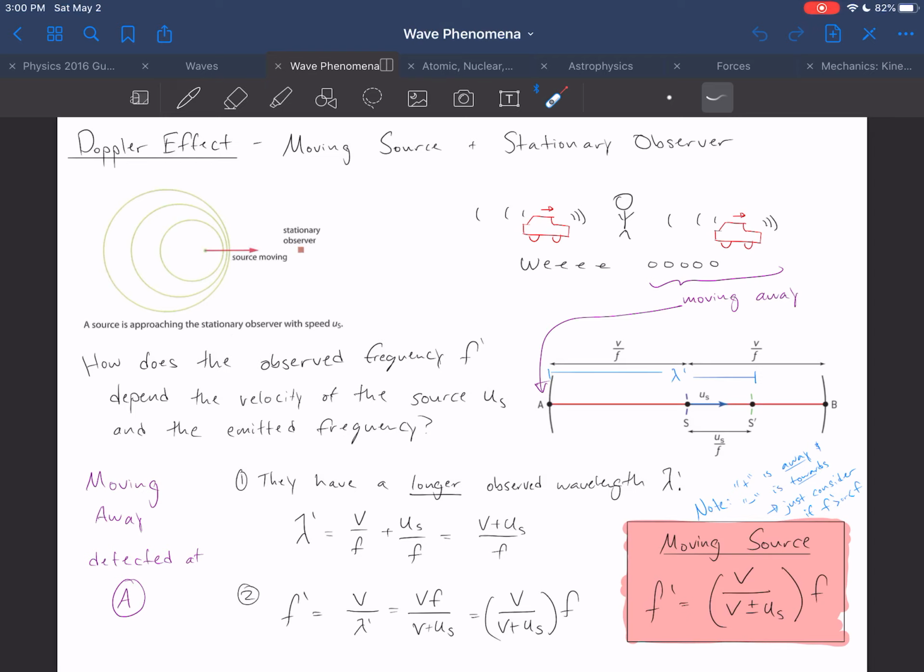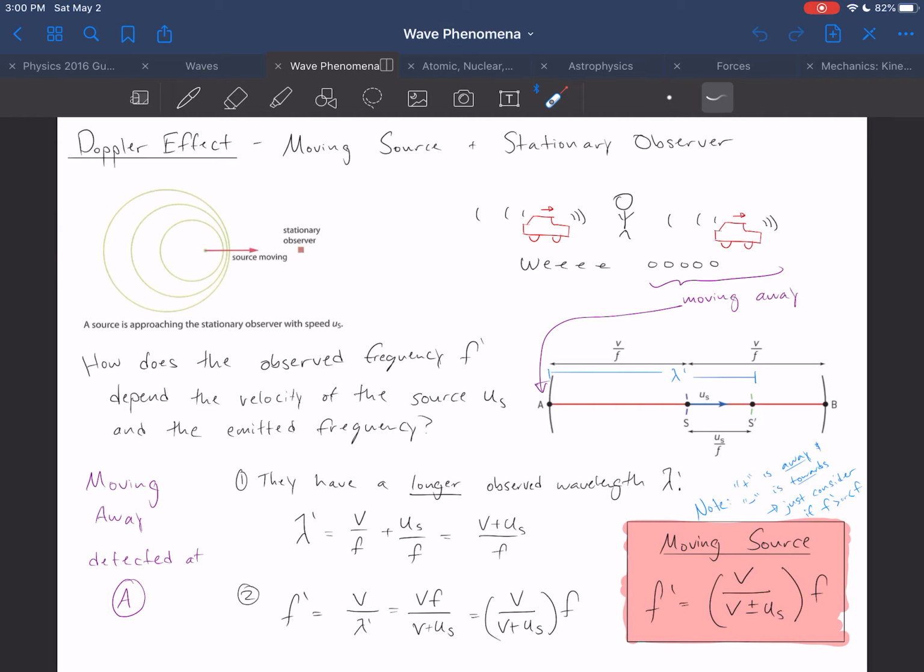But this same situation gives rise to the following question. What does the analysis look like for a moving source moving away from an observer? So what would happen if the observer were over on the other side?